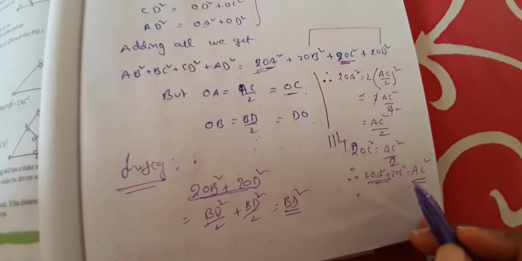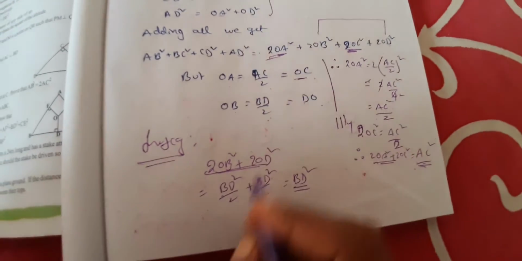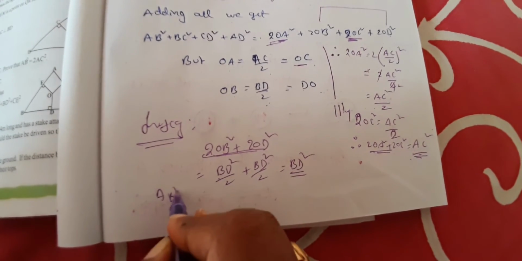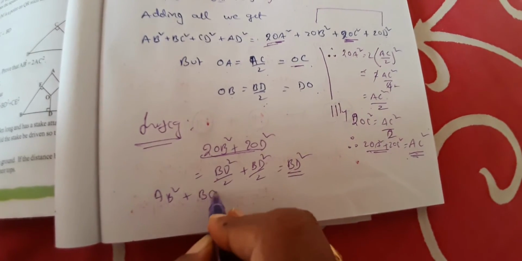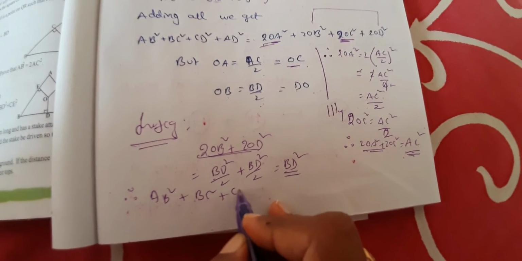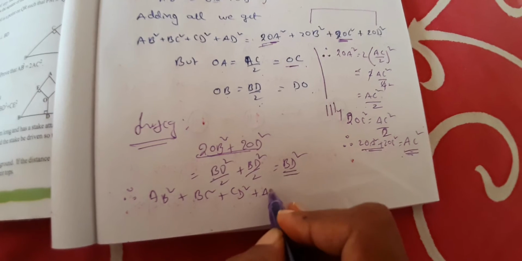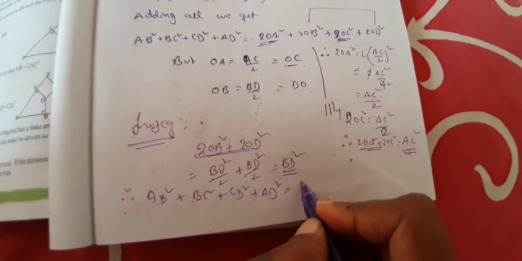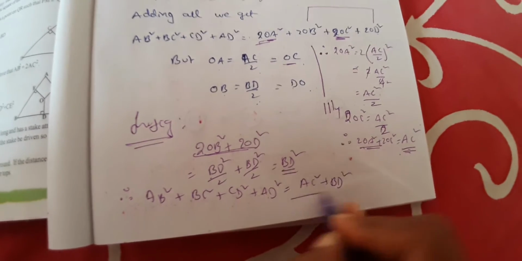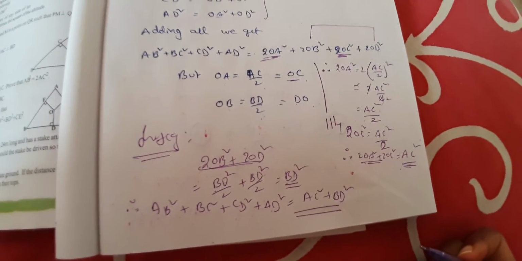In place of these two, I got AC square. So substituting in this equation, you will get AB square plus BC square plus CD square plus DA square is equal to AC square plus BD square. Hence proved.